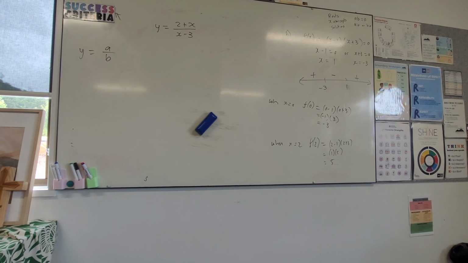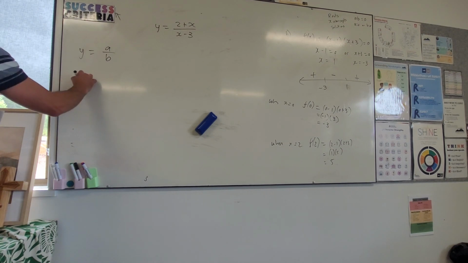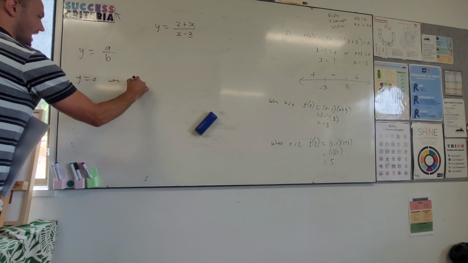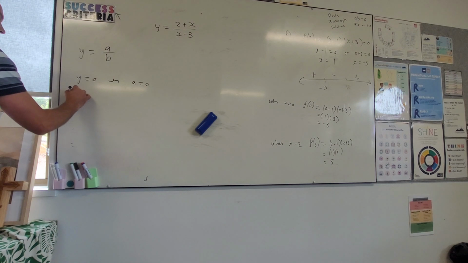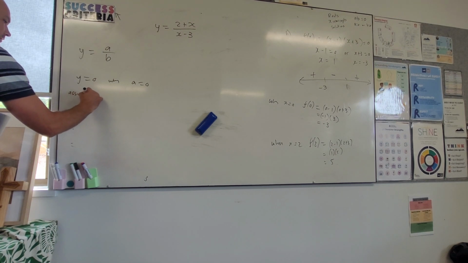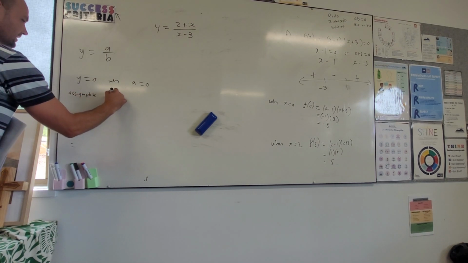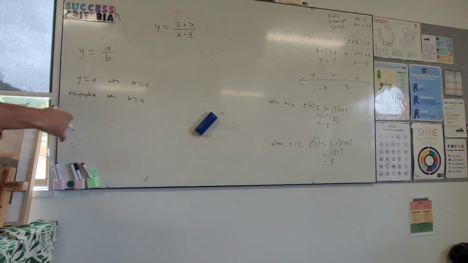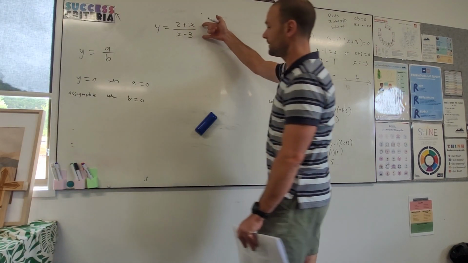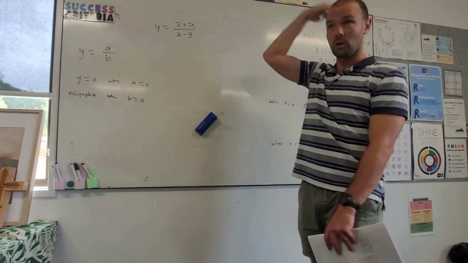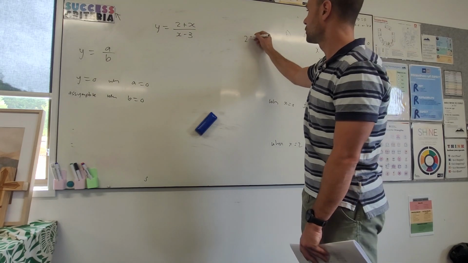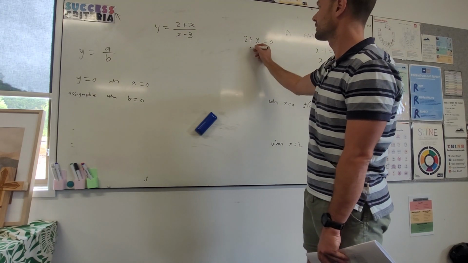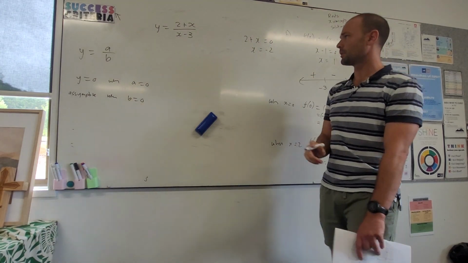This function will equal 0 when a is 0, and it has an asymptote when b is 0. So what that means for this function is it will equal 0 when 2 plus x is 0. We'll take 2 from both sides.